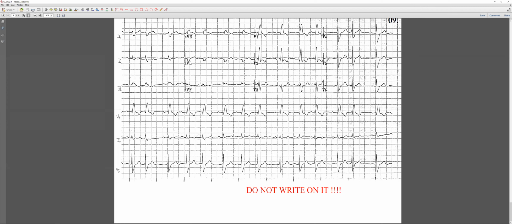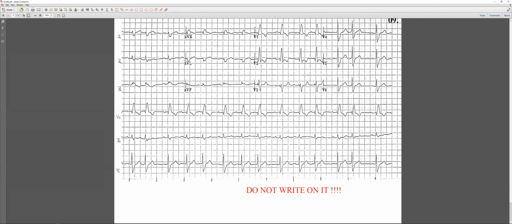Looking at the precordial leads, why don't you say something about the width of the QRS? How wide is the QRS? It's so wide.